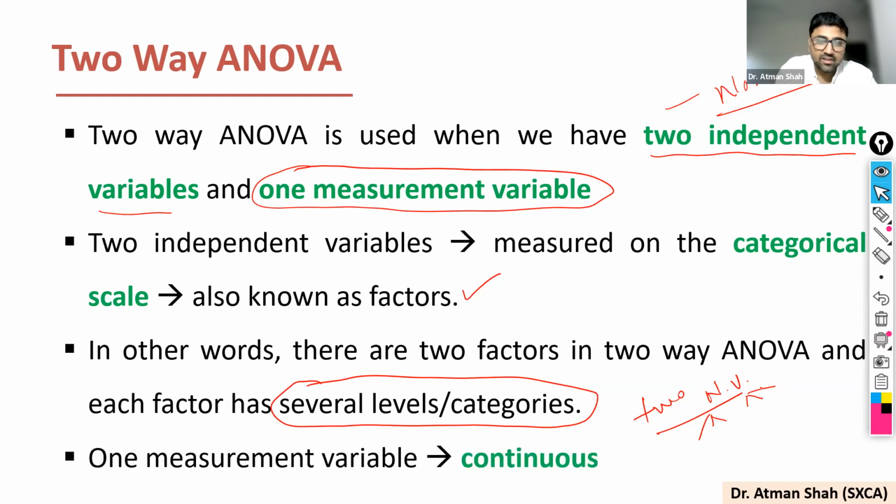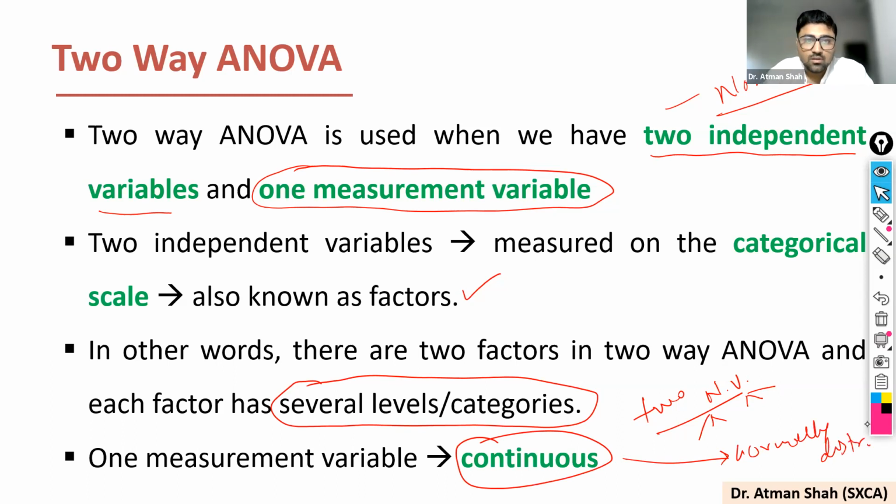And one measurement variable which is continuous, and it must be normally distributed. So the measurement variable is our dependent variable, which is continuous, and it must be normally distributed.